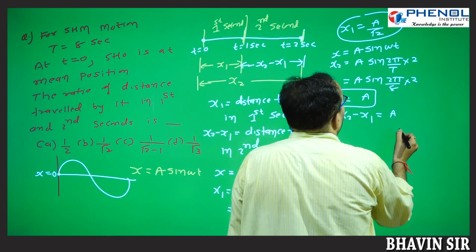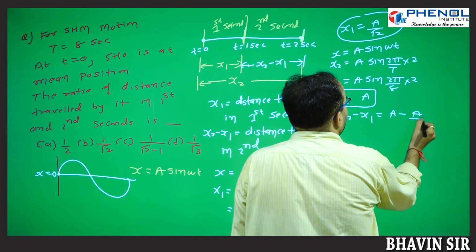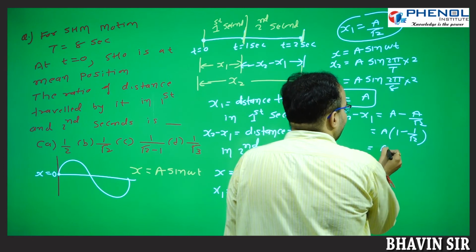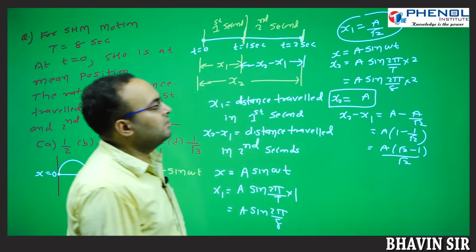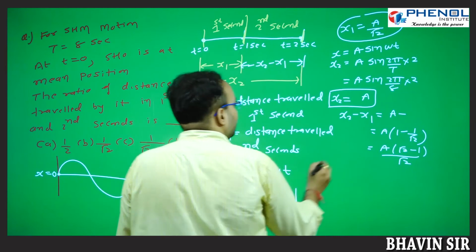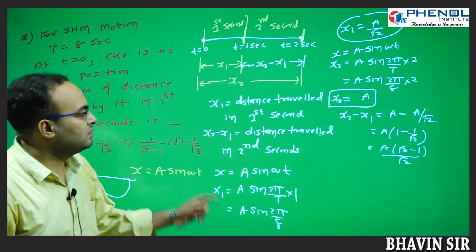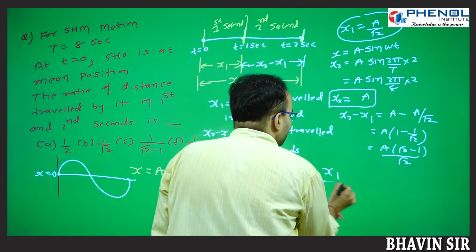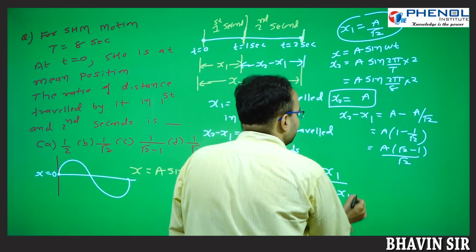So x2 is A, and x1 is A by root 2. A common, take LCM. Now we want to find the ratio of the distance traveled in the first second, x1, to the distance traveled in the second second, x2 minus x1.